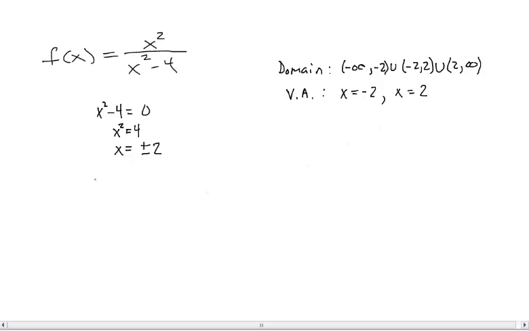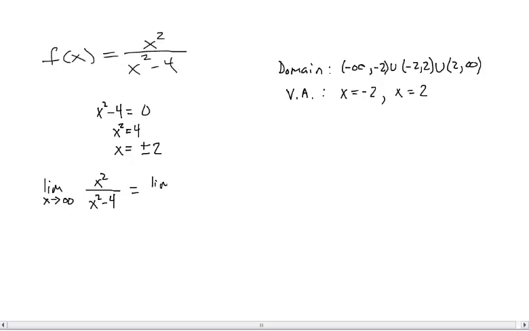Now for the horizontal asymptotes, remember we need to take the limit as the function goes to infinity. So we have the limit as x goes to infinity of x squared divided by x squared minus 4. And then we're going to divide everything by x squared to use the limit to infinity rule.